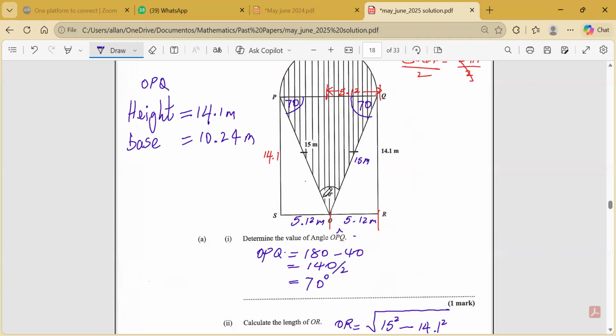And then you have your 10.24. Anybody lost? So just add that and tell me how much you get.